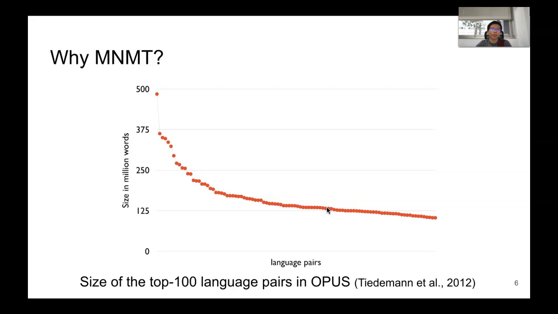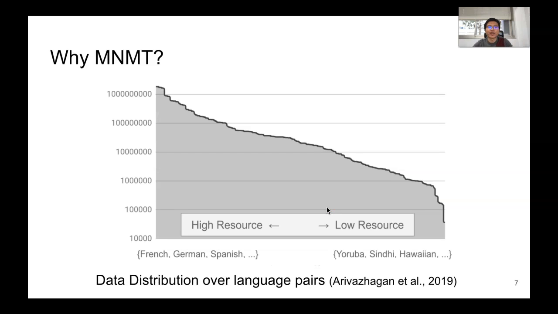That's a question. Let me show you another figure, from a paper by Google. In their paper, they showed the same problem of the data distribution over language pairs. So here we can see that for language pairs such as French, German, or Spanish with English, the target language here is always English.